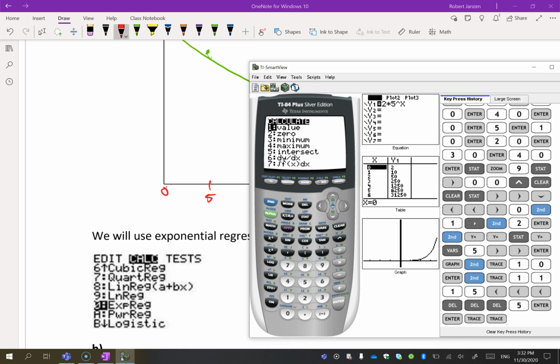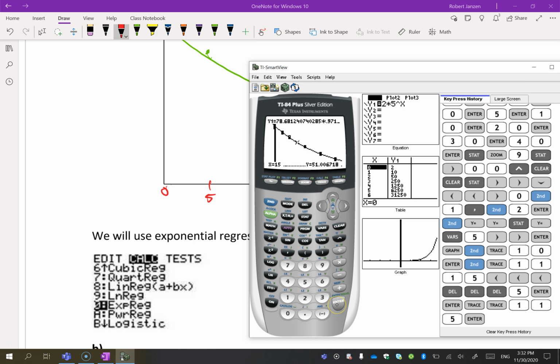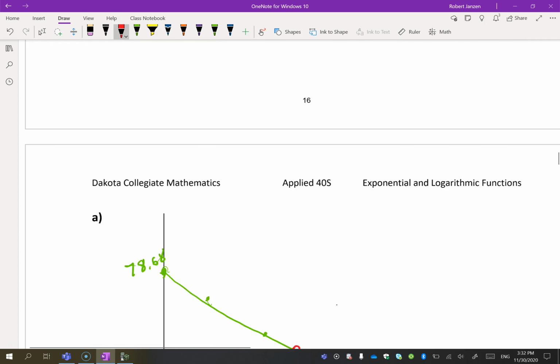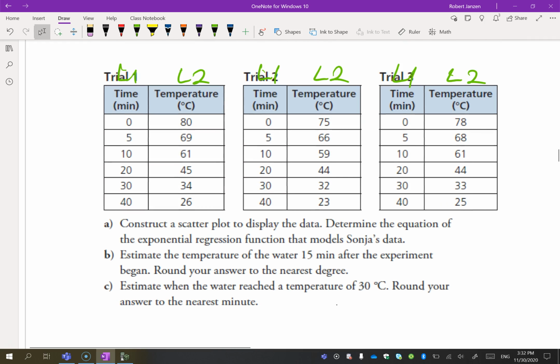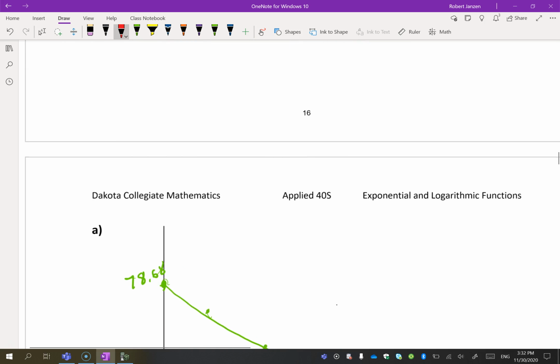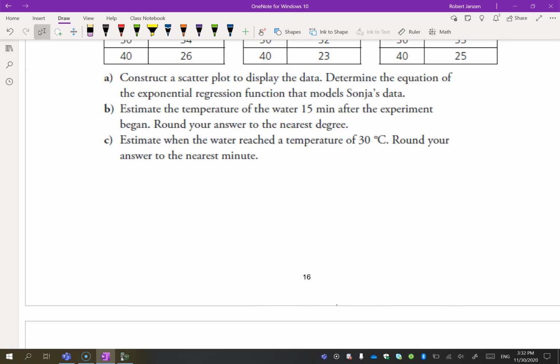I'll try that again. Okay, so y is 51. So at x equals 15, and that's minutes, y equals 51. And what is the unit for that? Well, that's temperature. So it's 51 degrees. Okay, that's B.